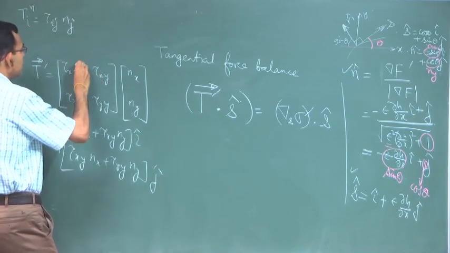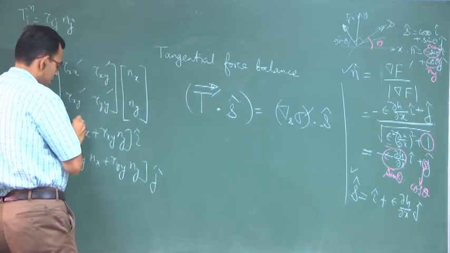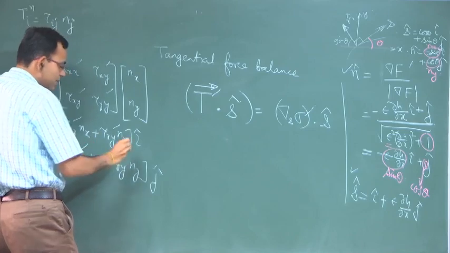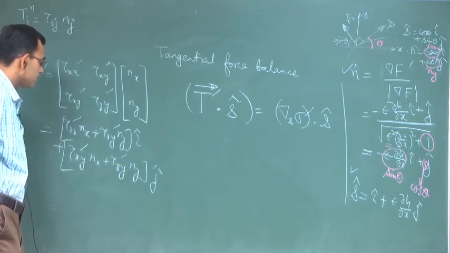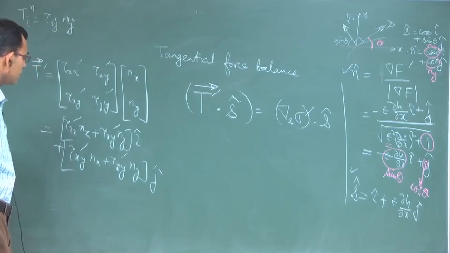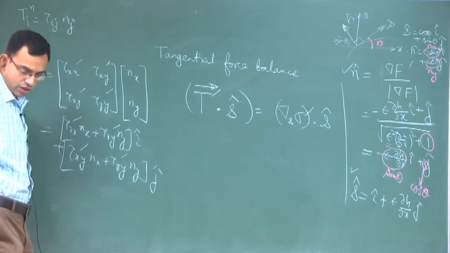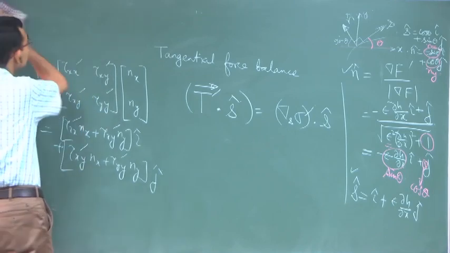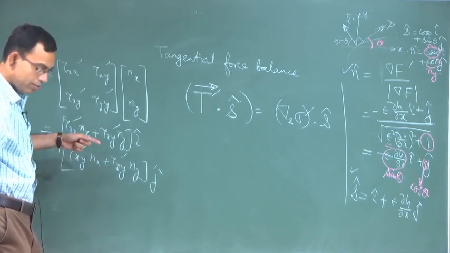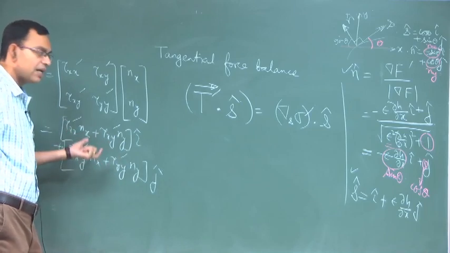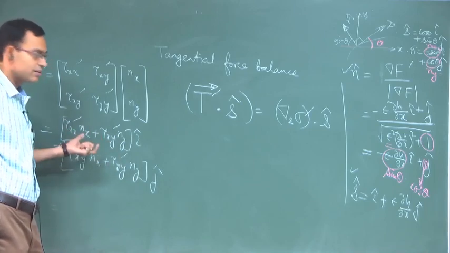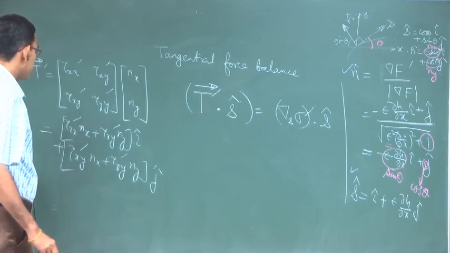Because these are all dimensional parameters, I will prefer to give a dash for everybody. Now, tau xx, all these things, let us look into these terms. Before just blindly writing the terms, we can clearly assess which one is greater as compared to what.